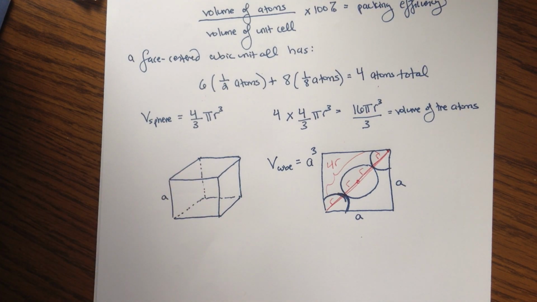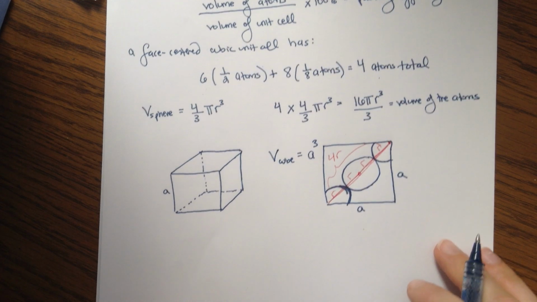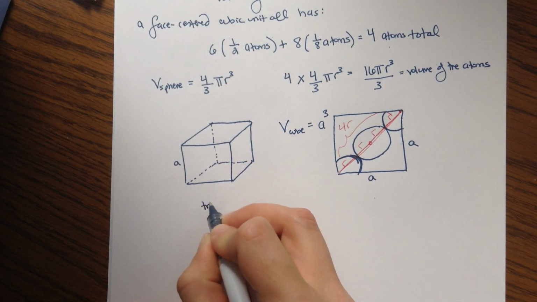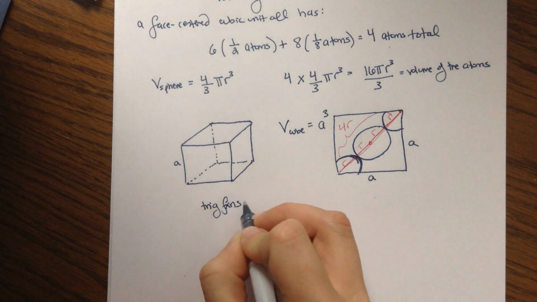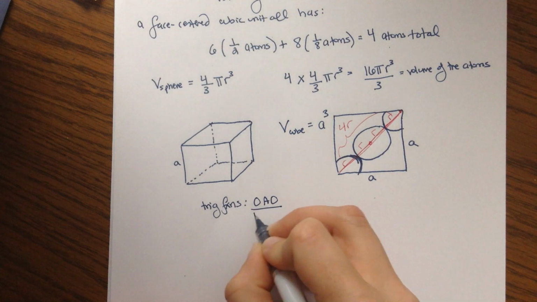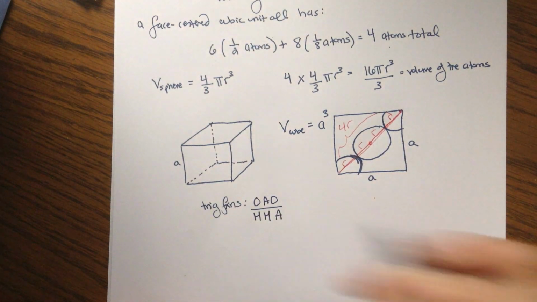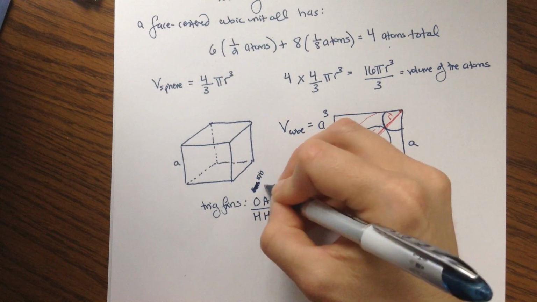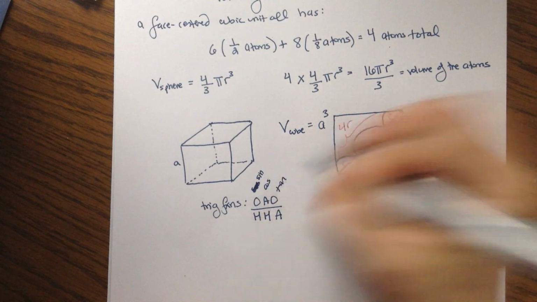I just think it's kind of fun. So if you remember your trig functions, some people use SOHCAHTOA. I don't like SOHCAHTOA. I like Oscar and Oswald have had algebra. This is sine, cosine, and tangent.